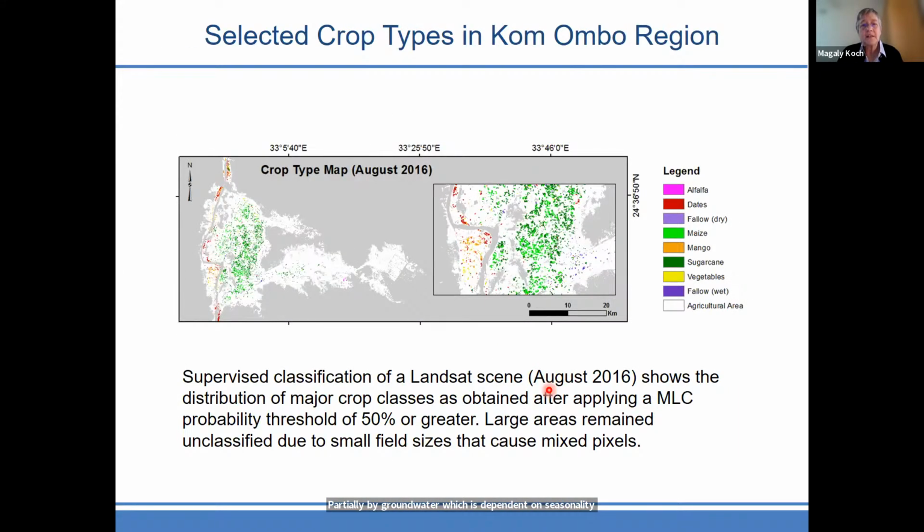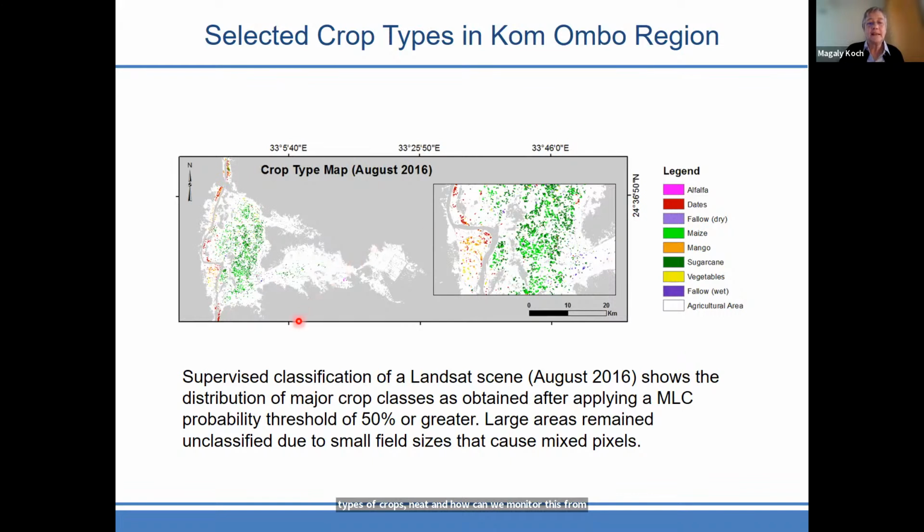Another product that we can generate from these images is mapping not the cropping pattern, but the type of crops, whether alfalfa, dates, maize, mango trees, sugarcane, and so on. And this is important because we can use that information to assess how much water these different types of crops need, and how we can monitor this from space.